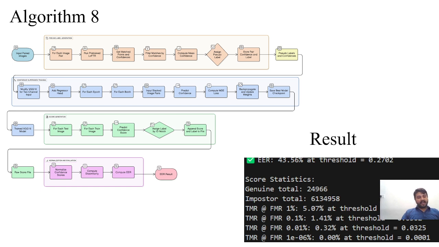One is exponential decay, and the other is one minus the normalized confidence, and I get the same result with both techniques. So we can say that confidence also tells the similarity of the images. And lastly, I compute the equal error rate result, and I get a 43% EER.